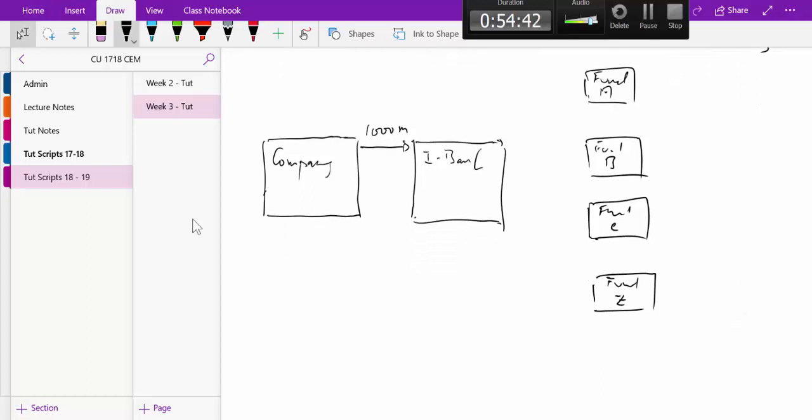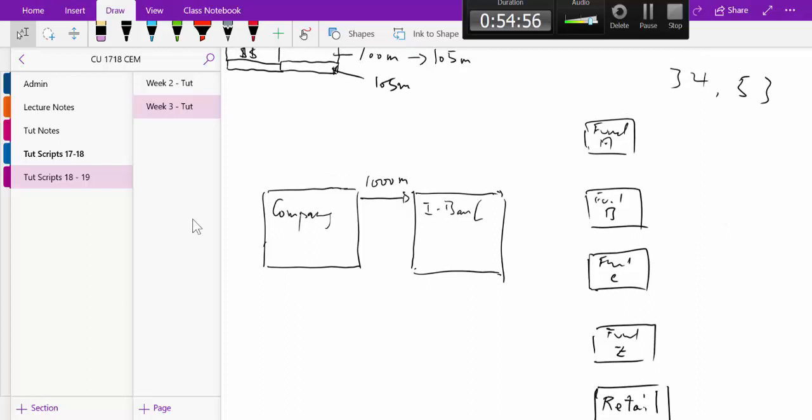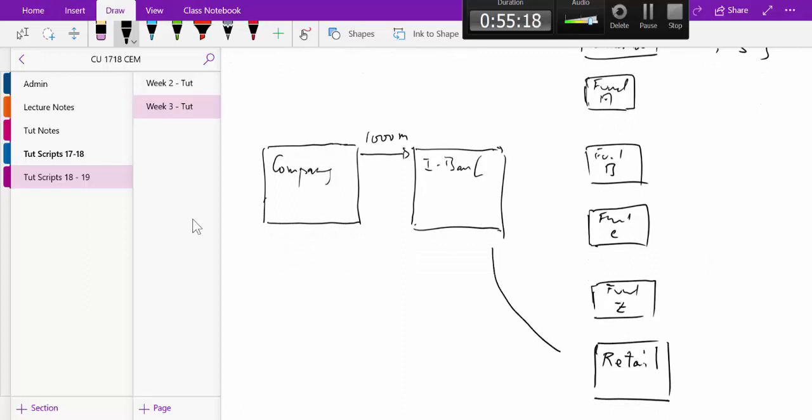And then there's the retail, by the way. Now, please remember, I'm talking day one. And let's say there is a cornerstone investor. Now you know that retail will get 300.